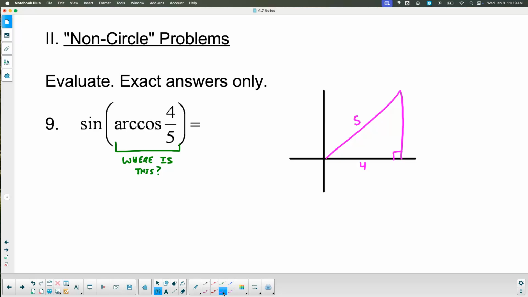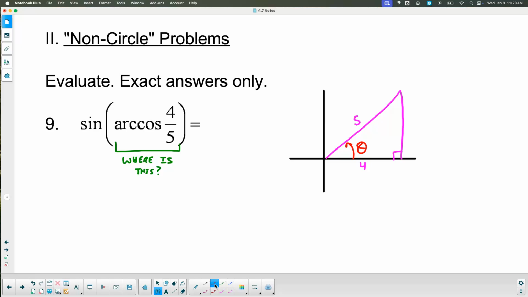Our angles are in standard position, so we're going to call that theta. Right? Okay? So arc cosine of 4/5 finds us that angle, correct?